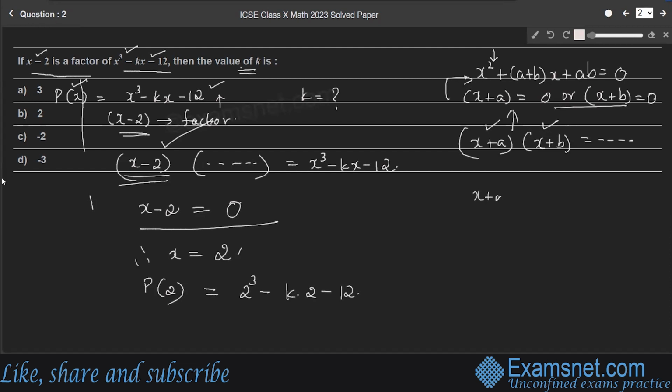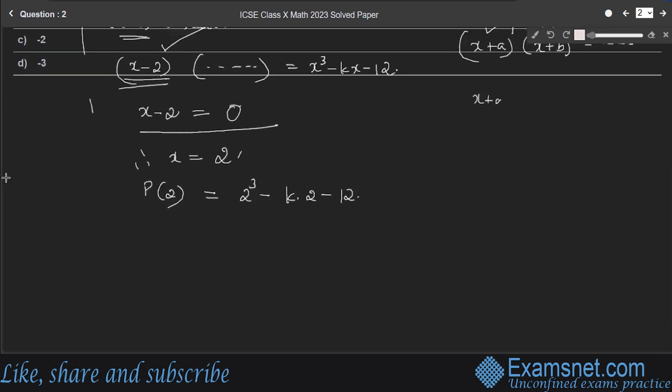Here, P of 2 is always 0 because of the factors, since P of x is 0.